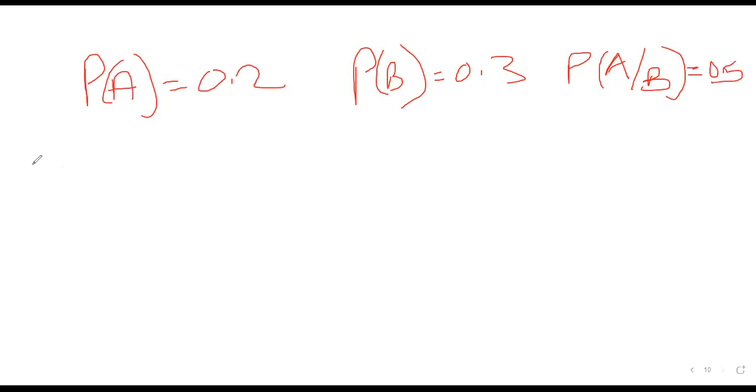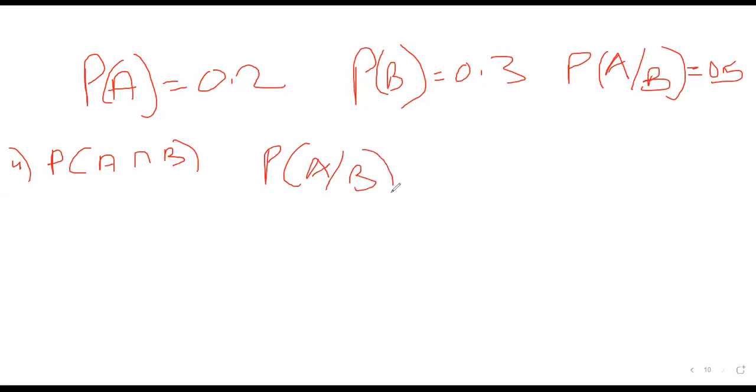So you'll be asked, number one, find the probability of A intersection B. So whenever you're given a conditional probability, expand it first. A given B, the bottom guy goes down here, and we intersect the letters, A intersection B.